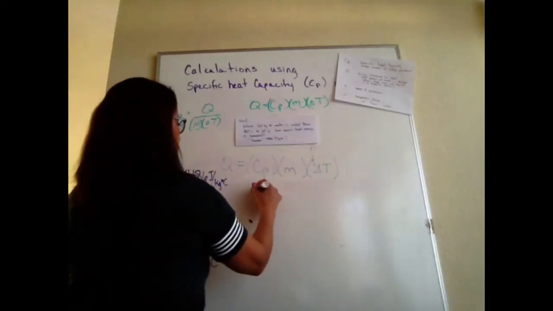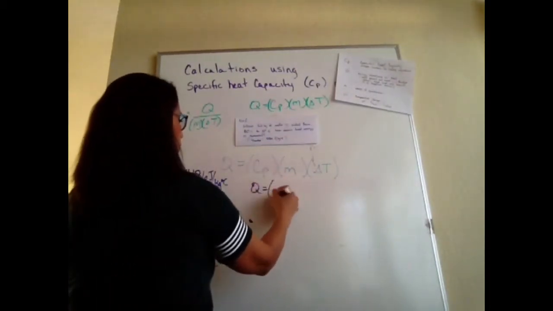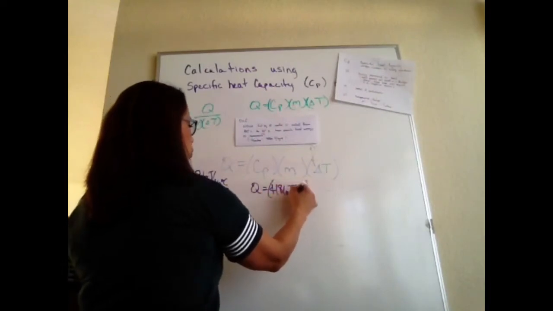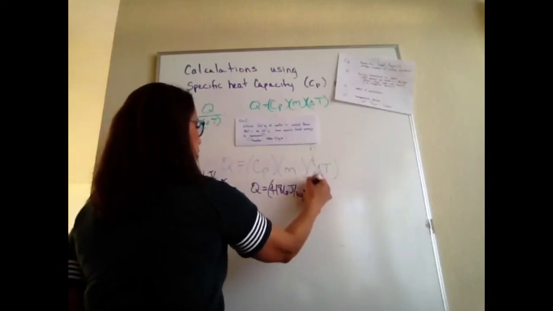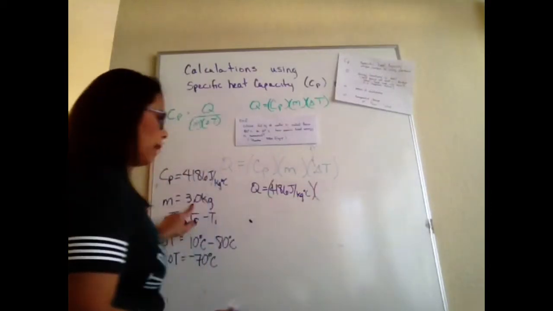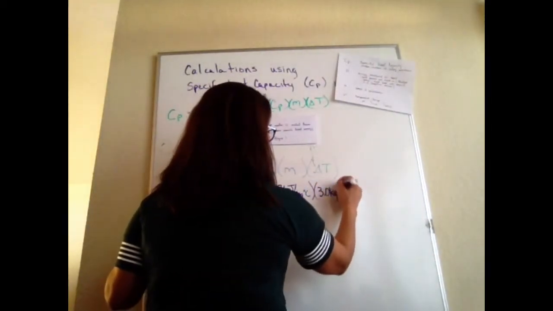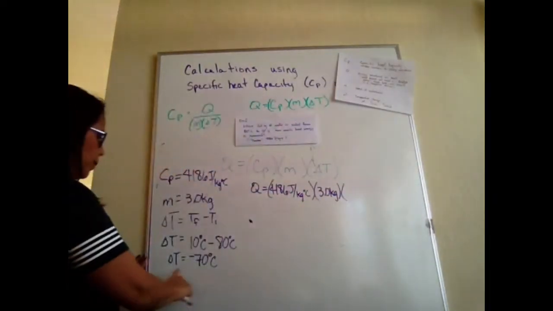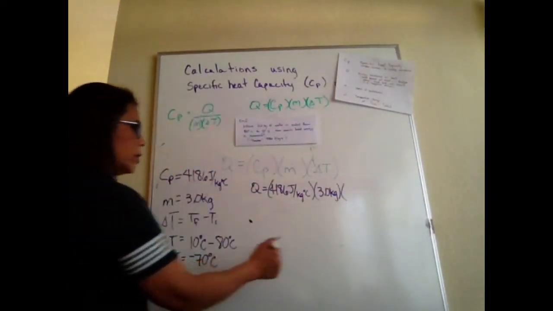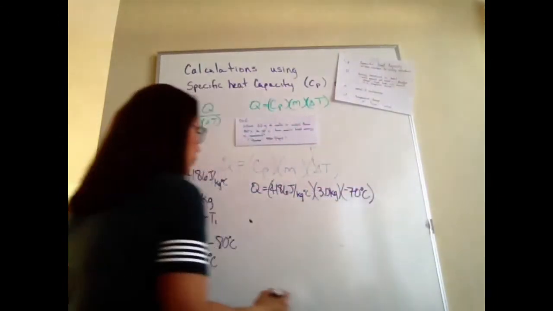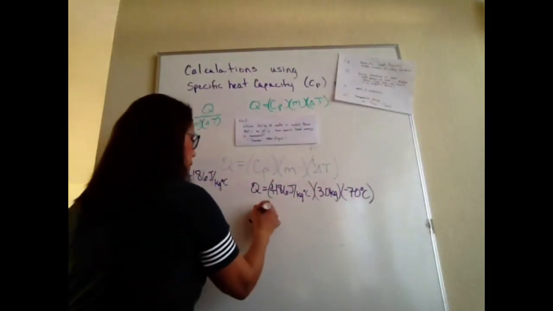Q is equal to Cp, and we're talking about water, 4,186 joules per kilogram degrees Celsius, multiplied by the mass amount, which was 3 kilograms, multiplied by my temperature change that I calculated as negative 70. Let's punch this into the calculator.